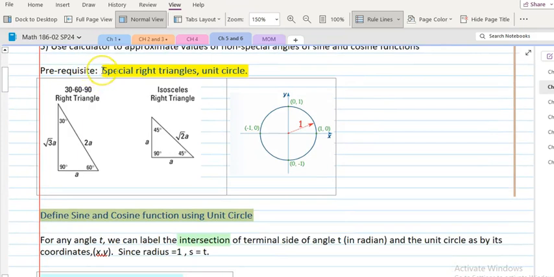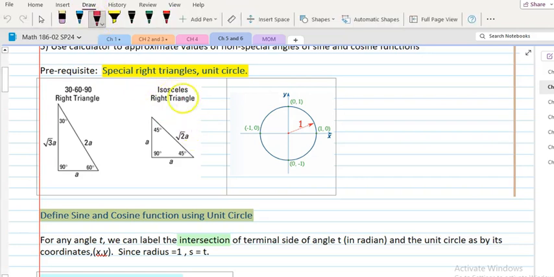Some prerequisite things before we define the sine and cosine function are the 30, 60, 90 right triangle and also the isosceles right triangle, which you should have learned in geometry. If you draw a right triangle where one angle is a 90-degree angle, I think the isosceles right triangle is easier to understand.